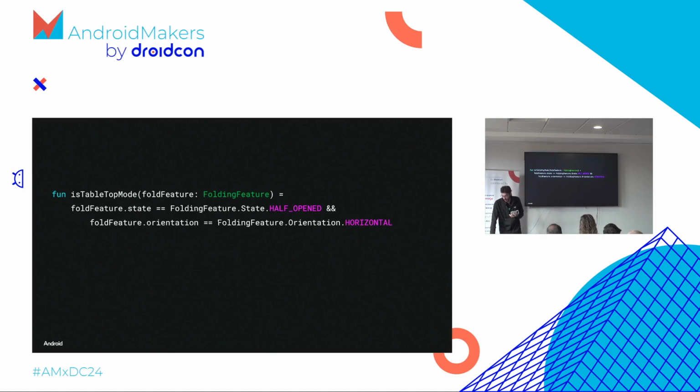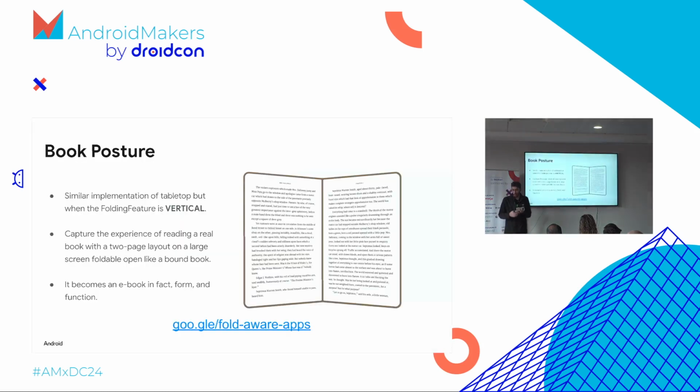There is a similar mode, which is the book posture, book mode. It's just like this. So when the folding feature is vertical, this also can be used for a variety of use cases. You can learn more at the link below.